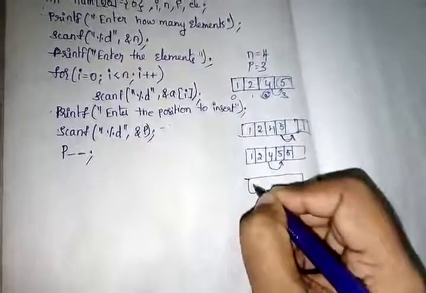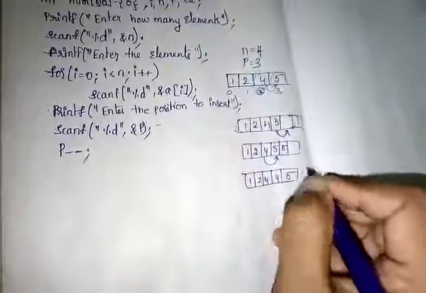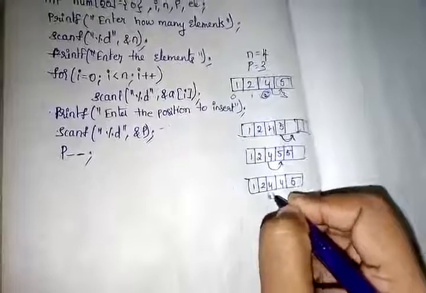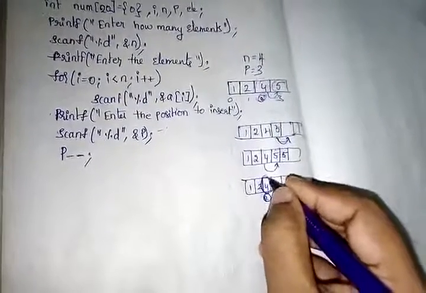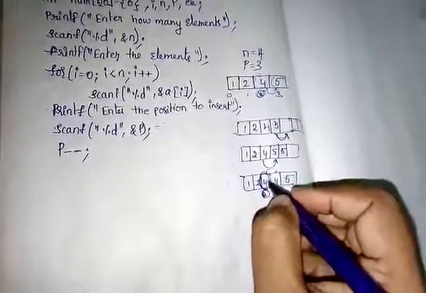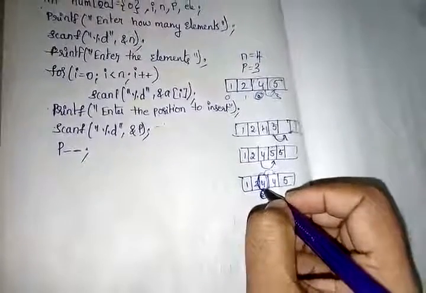Then the array becomes 1 2 4 4 5. So now if you see the position or the index 2 where we want to insert the element, that element is already copied to the next index. Now you can insert the element where you wanted to, in the position you have given.